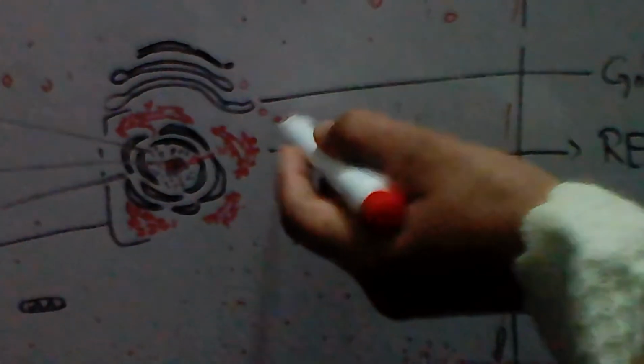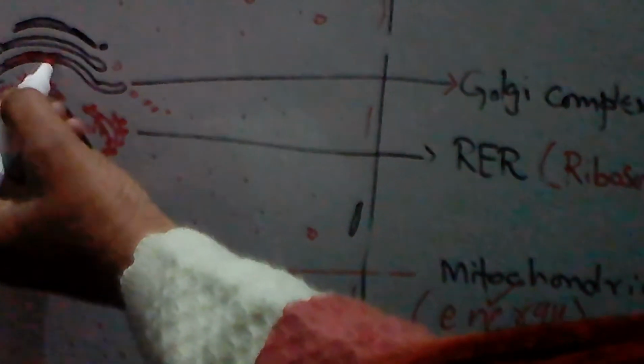Golgi apparatus, also called Golgi complex, is also another important organelle of the animal cell. It is also present in plant cell, and the Golgi apparatus forms the Golgi vesicles.